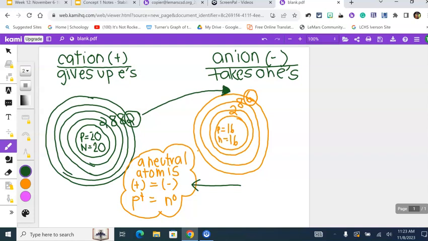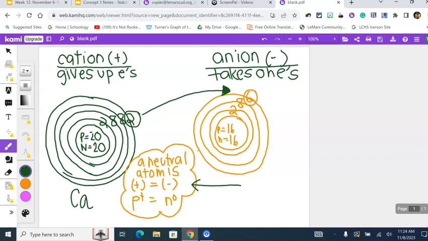So I've got two examples here. I've got 20 protons, which tells me what element is it? It's calcium. So I'm just going to write calcium down here because I know that calcium has 20 protons, and everything on the periodic table starts out as electrically neutral. It has the same number of protons and electrons.